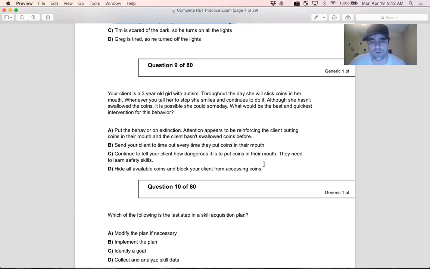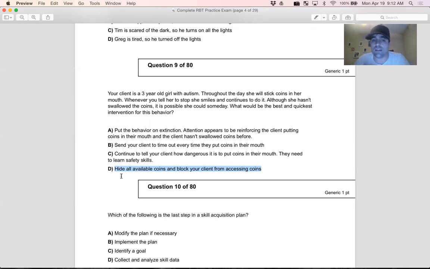Hide all available coins and block your client from accessing coins. Yes. Given the scenario, given the severity of this behavior and the safety concerns, this is the best and quickest intervention to stop. You block all access, you block all coins, until we can figure out a way to address the coins.